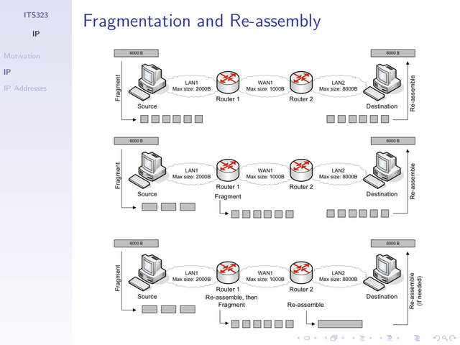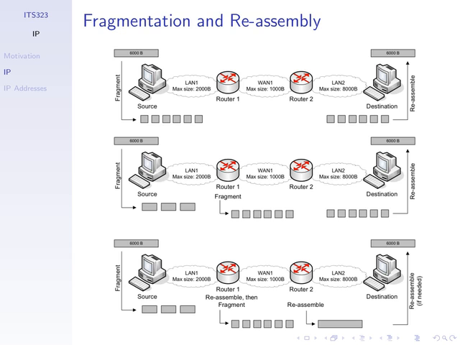The third approach, it gets bigger. That is, the third approach: fragment at the source and the routers, reassemble at the routers and the destination. Start with 6,000. This subnet supports 2,000, so we must fragment into 3 2,000 byte fragments. Router receives those 3, puts them back together.